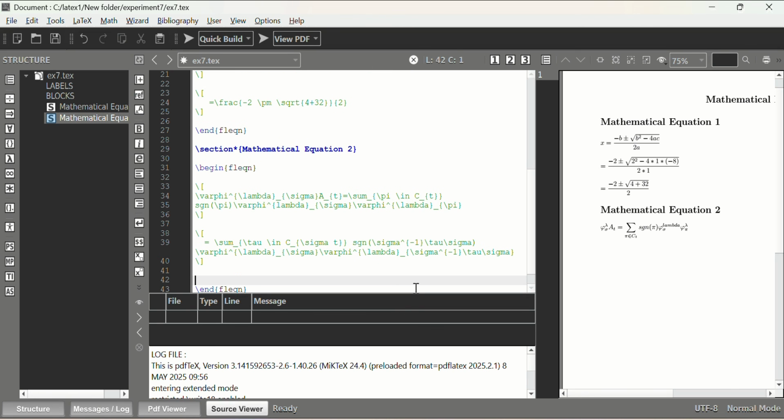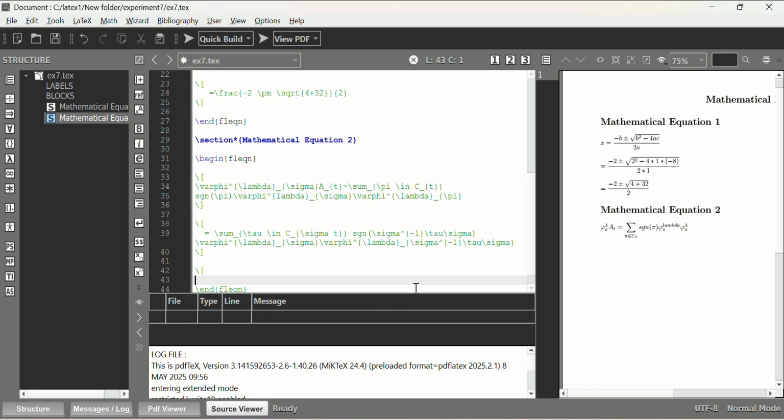So by this we have completed our second equation of the second set, and finally we are moving on to the third equation of the second set.